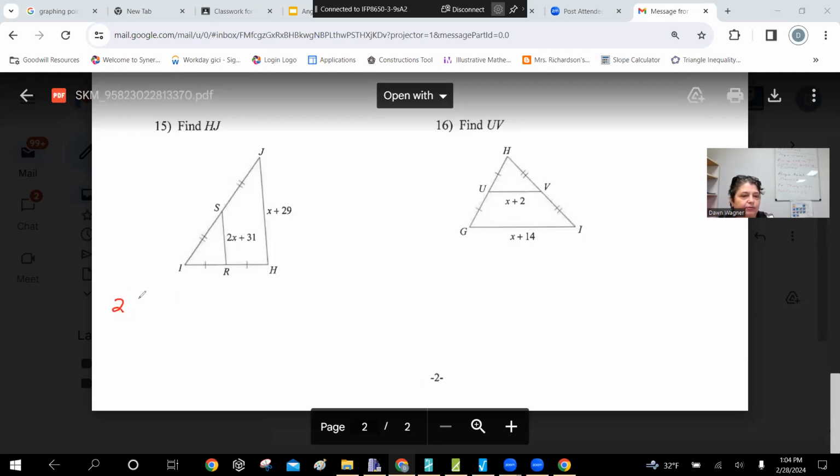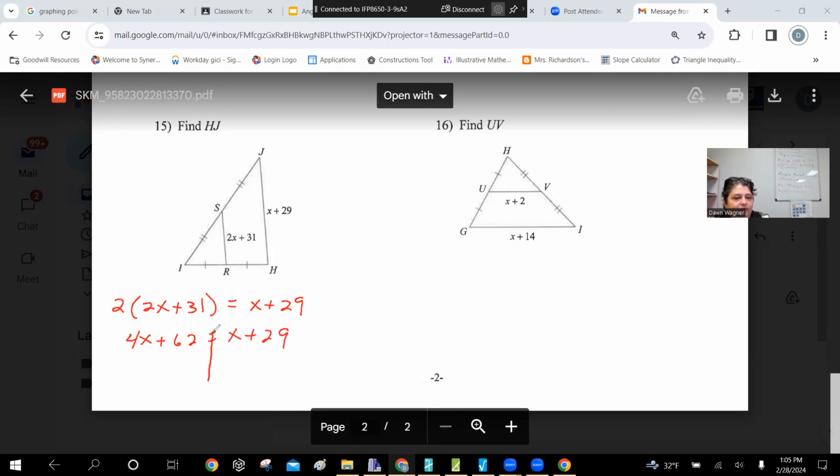So 2 times 2x plus 31 has to equal x plus 29. Two times 2x is 4x. 2 times 31 is 62. X plus 29.